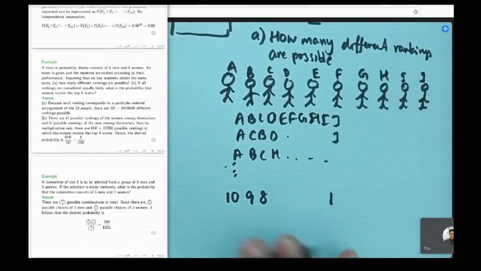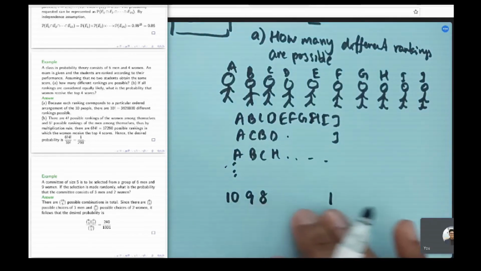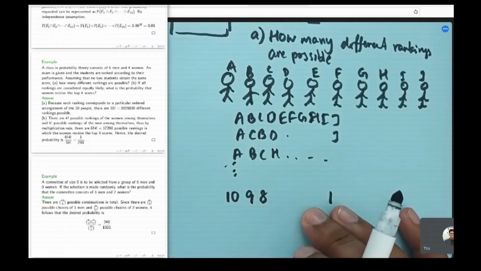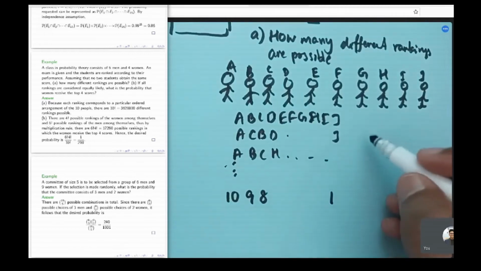Now, if you look from 10 to 1, all the way through the different possible options, you can think of it by the counting principle. You can multiply all these numbers and come up with the answer.